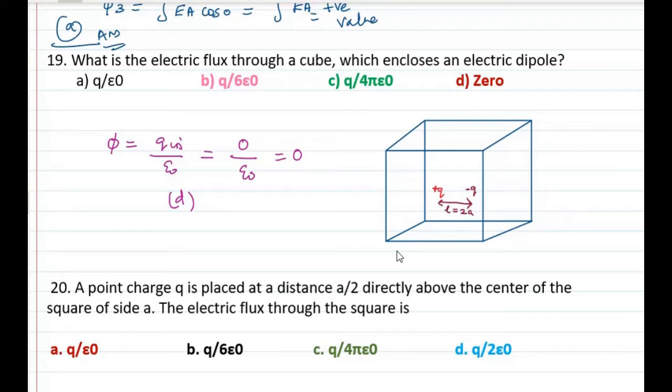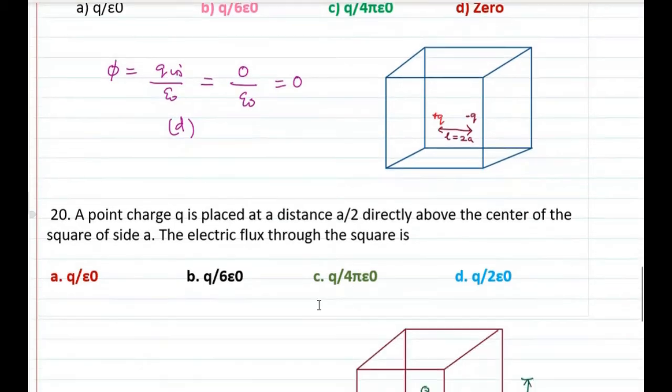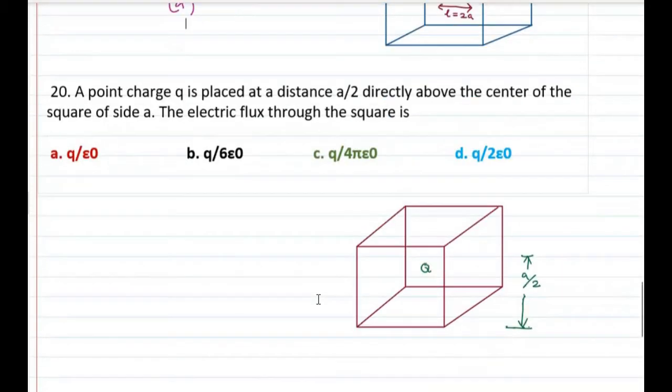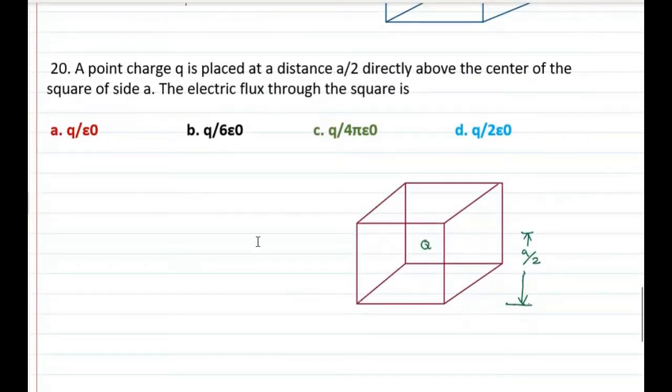Okay. Next question: a point charge Q is placed at a distance of a by 2 directly above the center of a square of side a. What is the electric flux through the square? Consider any one face of the cube.